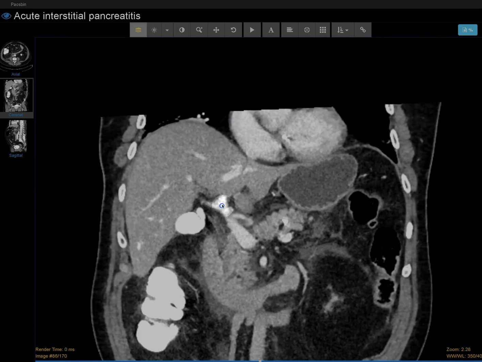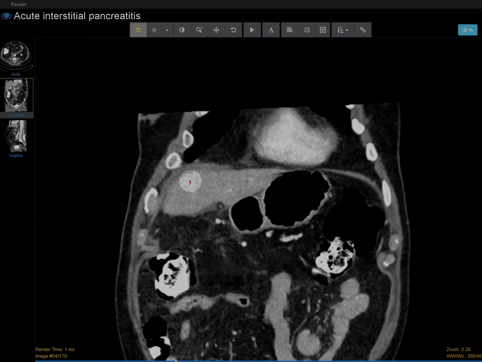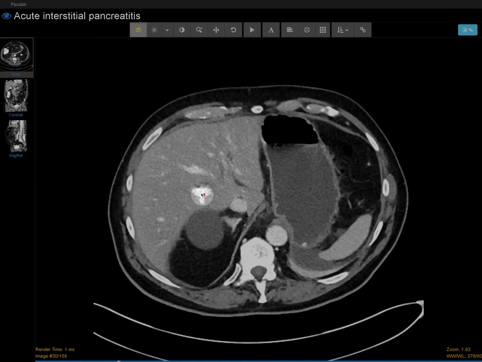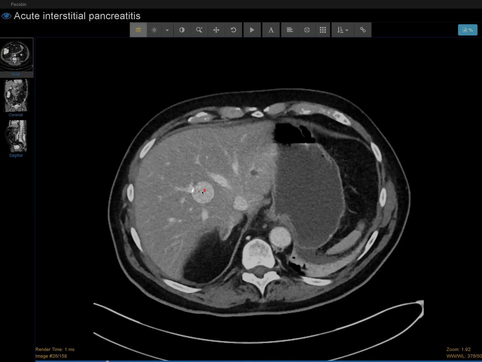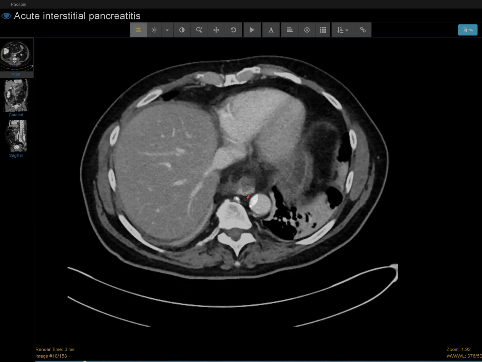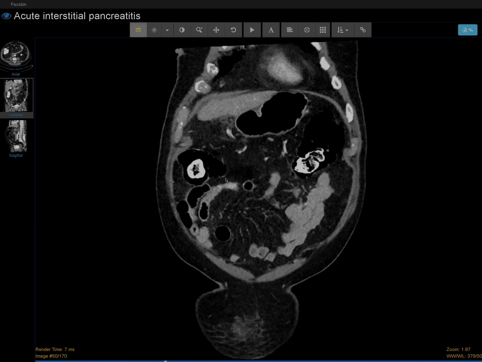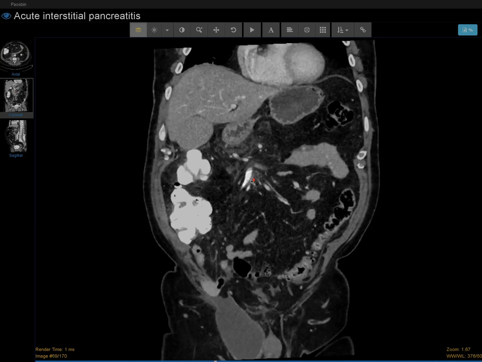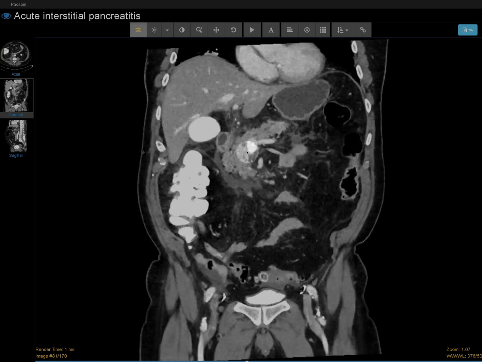And then the other thing that would be important to look at is whether the intrahepatic biliary ducts are dilated, and not really. No, the intrahepatic bile ducts are not dilated. Now the other thing I like to look at in a case of pancreatitis is whether there is thrombosis of the superior mesenteric vein or any of the mesenteric vessels.